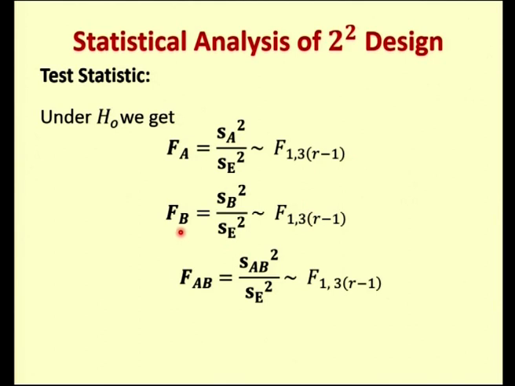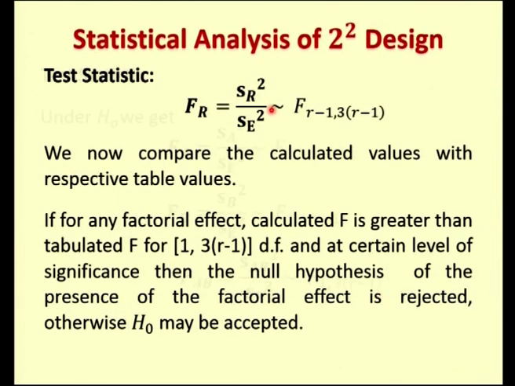For factor B, the test statistic is s_B squared by s_E squared, with an F distribution of 1 and 3 into r minus 1 degrees of freedom. For the interaction effect AB, the test statistic is s_AB squared by s_E squared, which follows an F distribution with 1 comma 3 into r minus 1 degrees of freedom. For replicates, we have s_R squared by s_E squared, which follows an F distribution with r minus 1 and 3 into r minus 1 degrees of freedom.